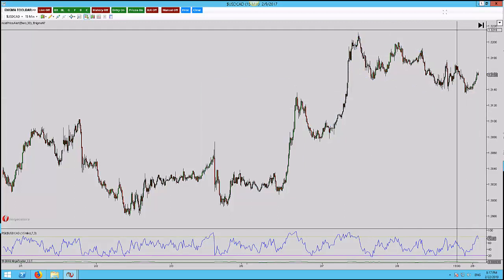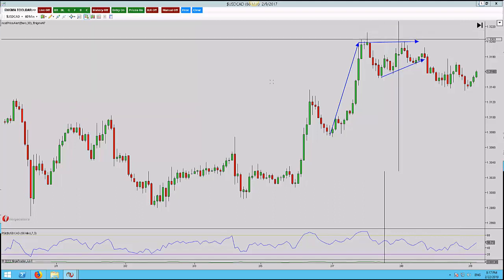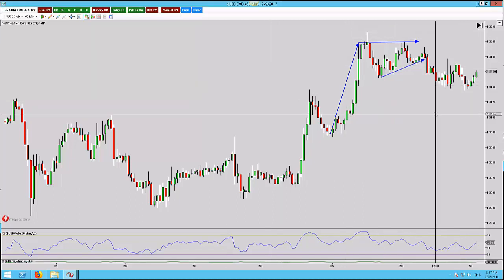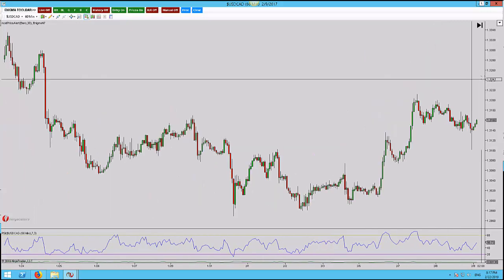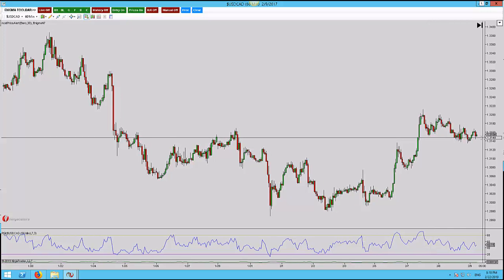I think we can see this better on the 60. But we're going to still have the same dilemma on the 60. Nope, no flag here, it's invalid. So move on.